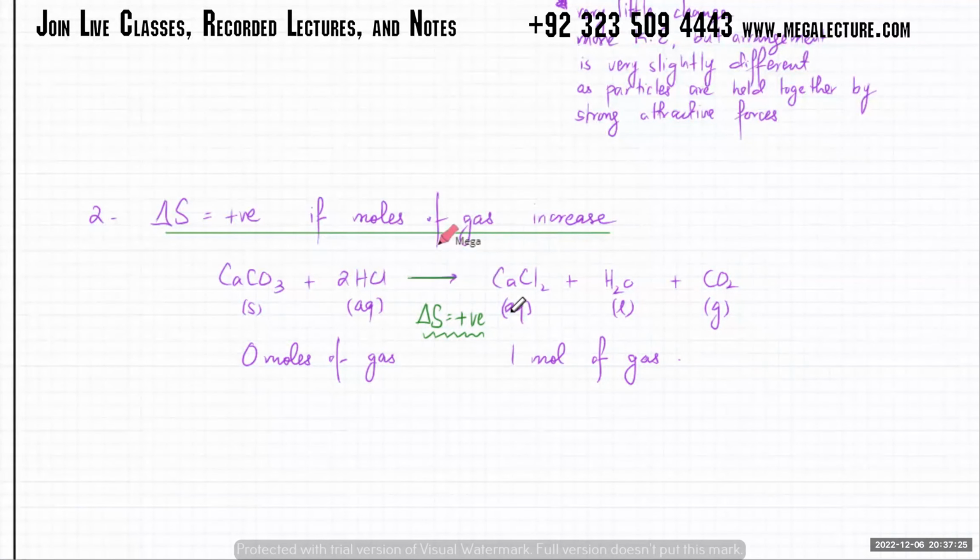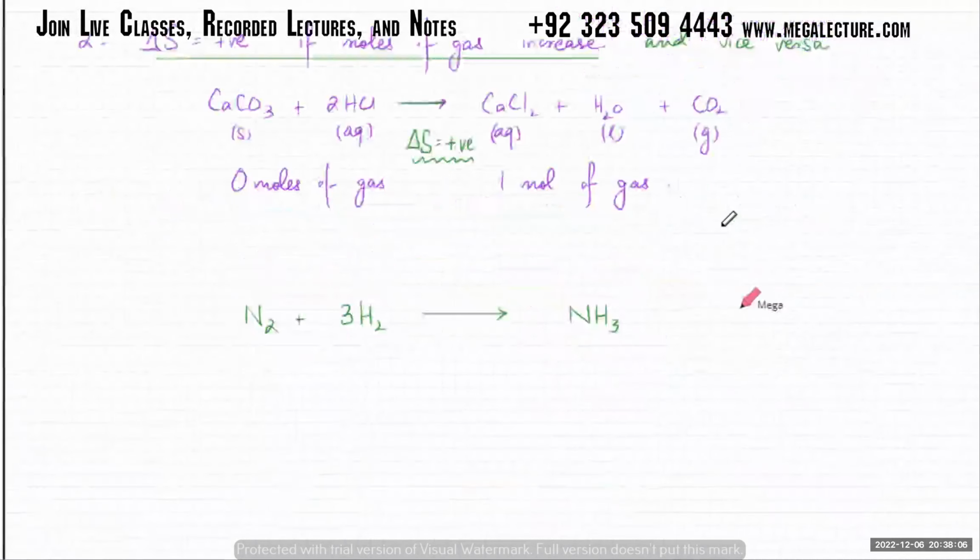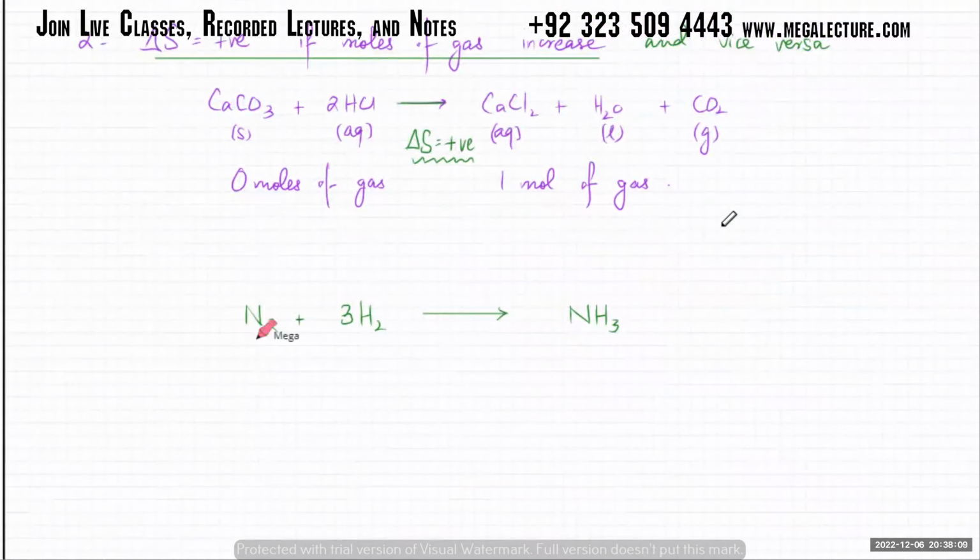Okay, so delta S is going to be positive. Or vice versa, the opposite is also going to be true, that if the moles of gas decrease in a reaction. So for example, if I have another reaction in which I've got N2 and 3H2 and they react together to form ammonia. In this case, my moles of gas are decreasing.